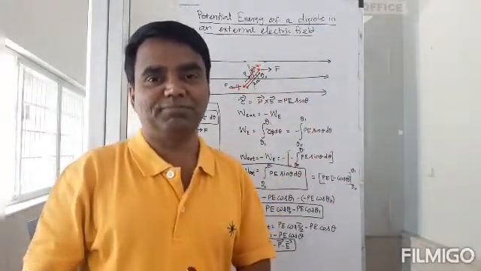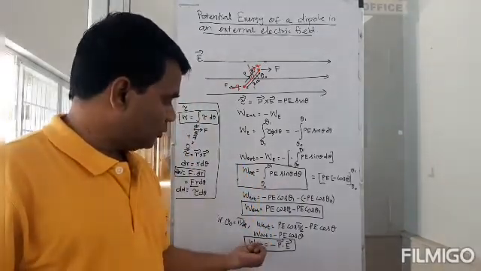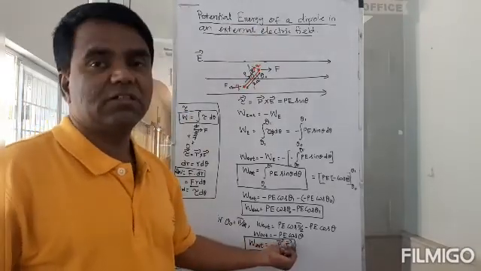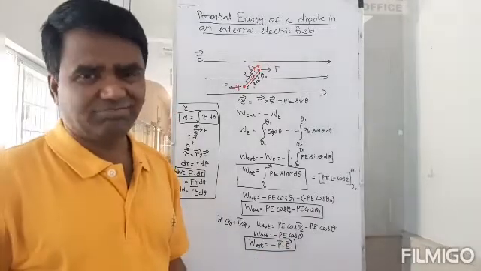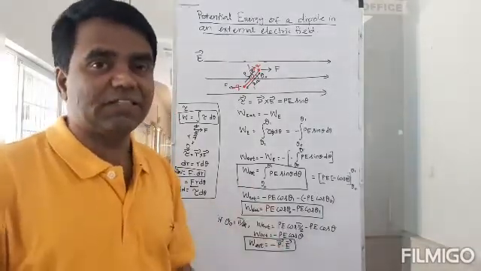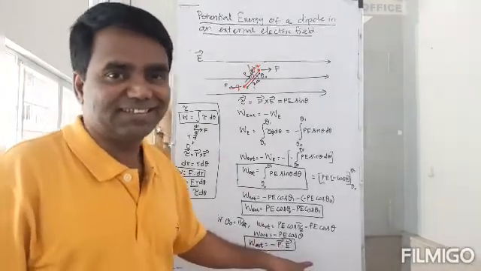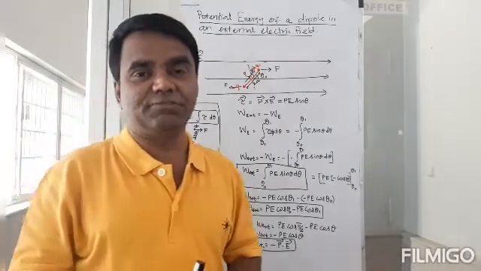Hope it's clear to you. Remember this. This is work done. Potential energy of a dipole is simply minus P dot E, P vector dot E vector. That itself is like a mnemonic, right? P and E. Potential energy, minus P dot E. Hope that's clear to you.